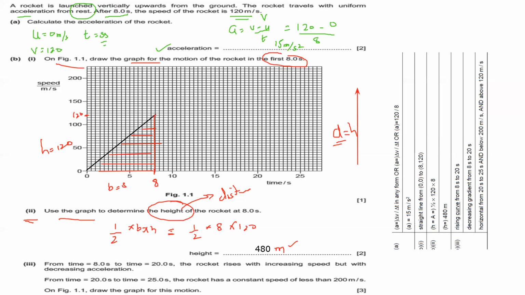Okay, the next part. For time t equals 8 second to 20 second, the rocket rises with increasing speed but decreasing acceleration. The speed is increasing but the acceleration is decreasing from 8 seconds to 20 seconds.